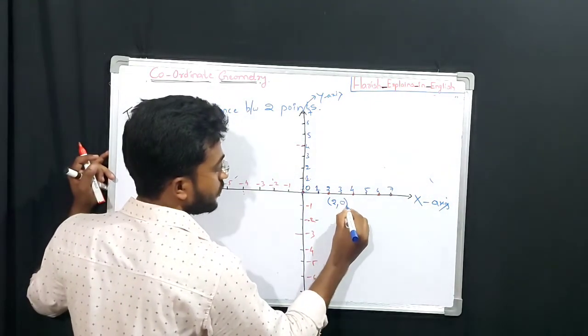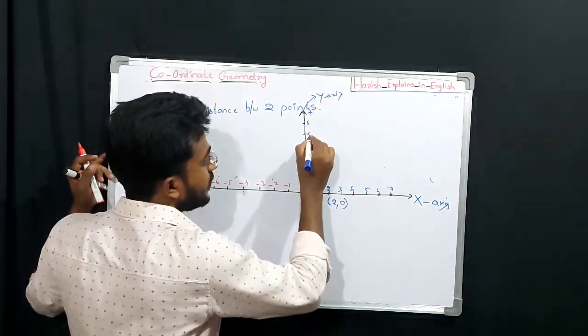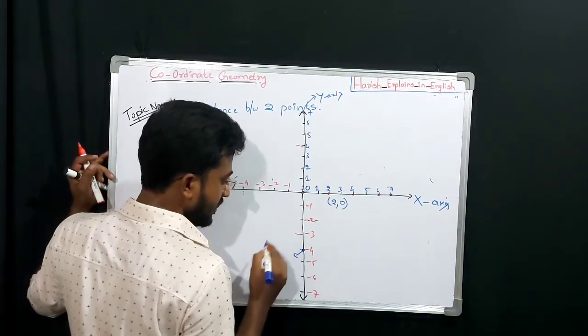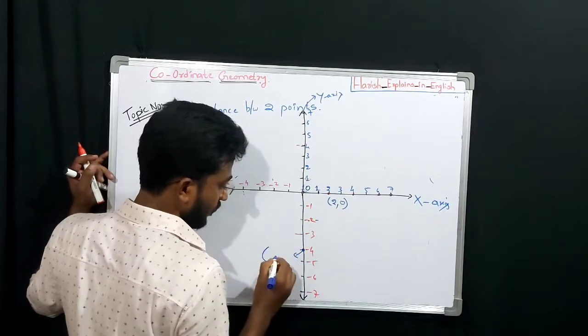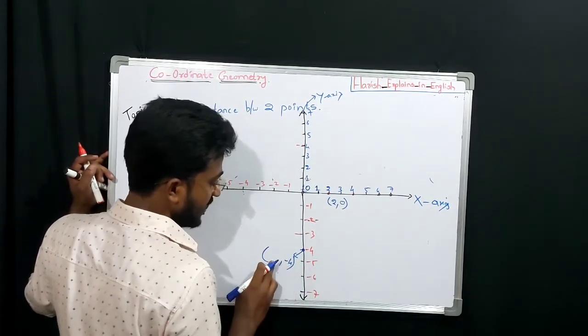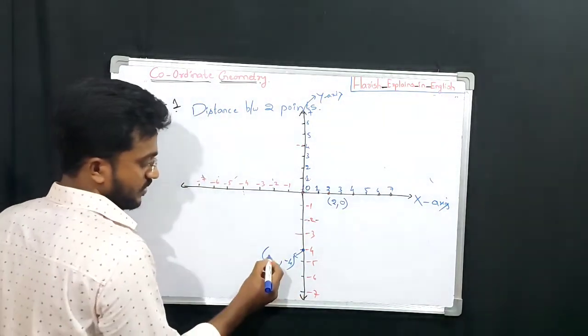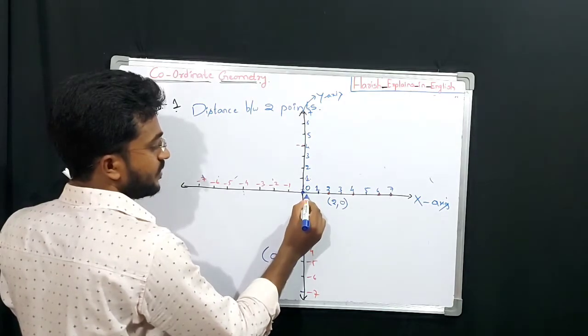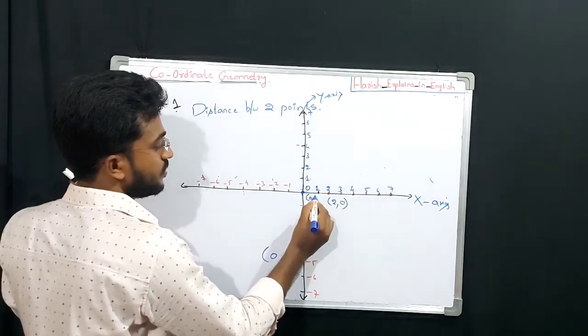So this is 0. Similarly, if you take this point here, this is minus 4, that is y. But what is x? X is 0. And this center point is obviously 0 comma 0.